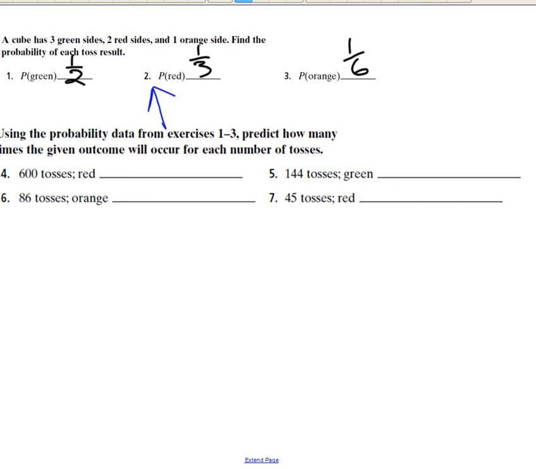Okay. So for the next part, you're going to take all these numbers from up here to help you find out, based on these percentages, based on the odds of landing on each of these three colors, how many times it would land on red if you tossed it 600 times. So we have to go back to an old friend. We're comparing red to the number of tosses. It gives us the ratio we know, which is 1/3.